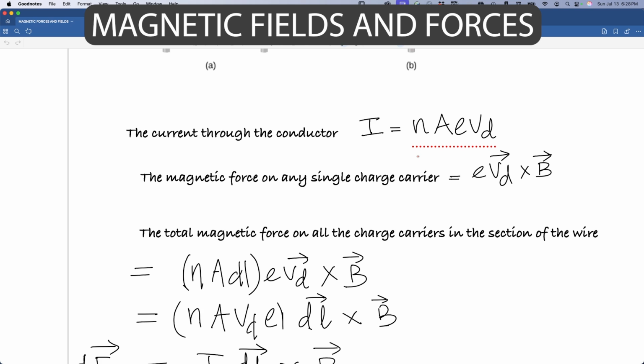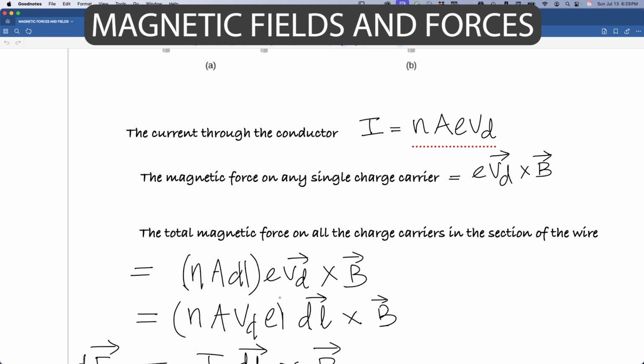So if we find the volume of the conductor, which is area times the length, right? Area of cross-section times the length gives you the volume. So if you got the volume here, and then if you multiply it with the number in 1 meter cube, this gives you the total charge carriers in the entire conductor.